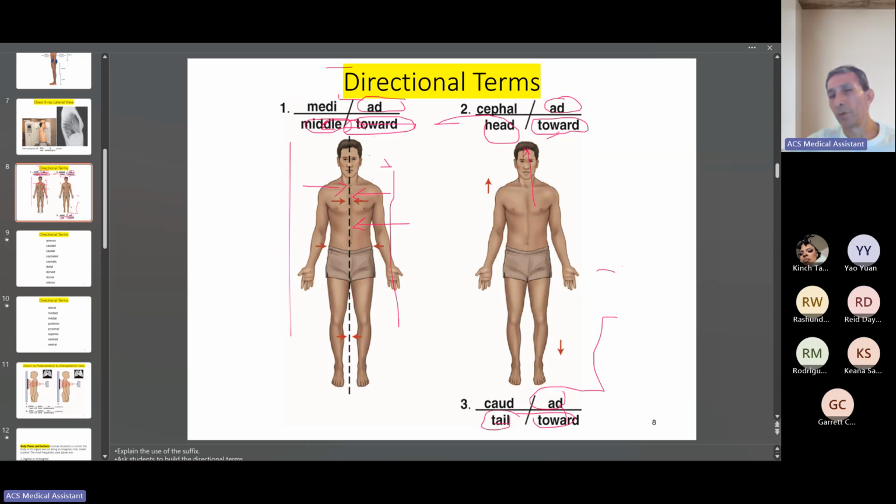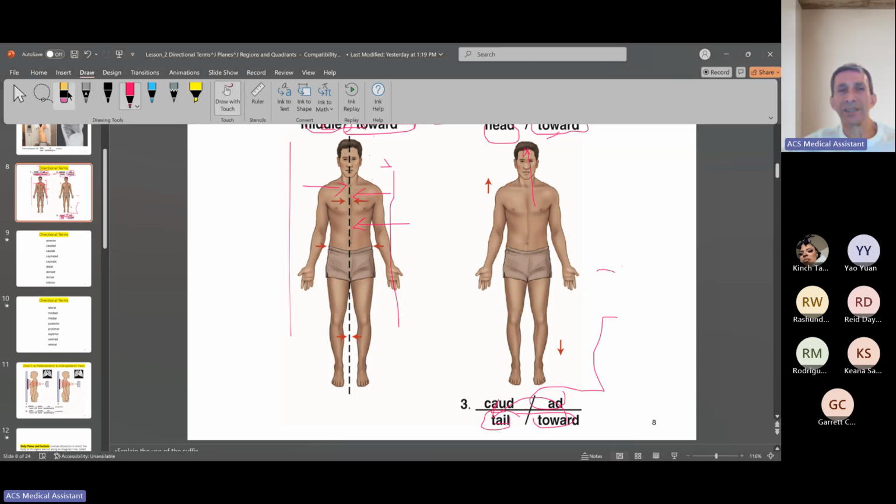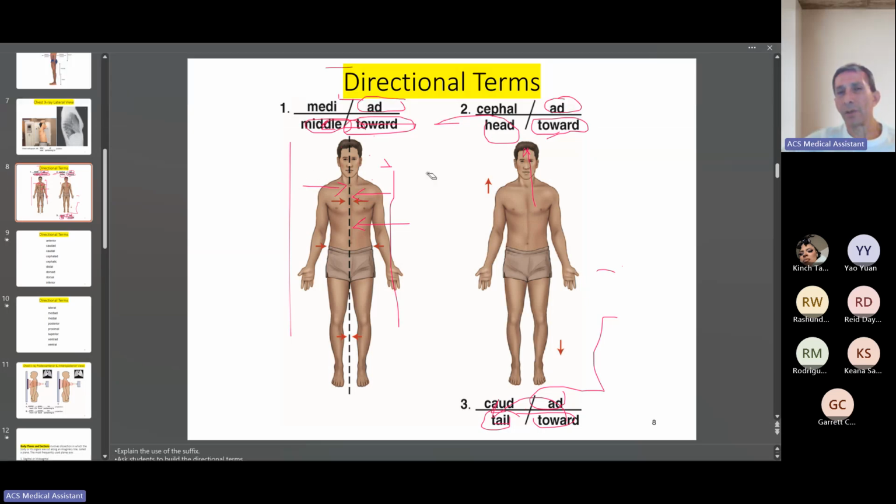So remember, we always start from the suffix, moving to the word root. That's how we are going to understand these medical terms, seeing them one by one and making sure that we're not going to get these medical terms mixed up.